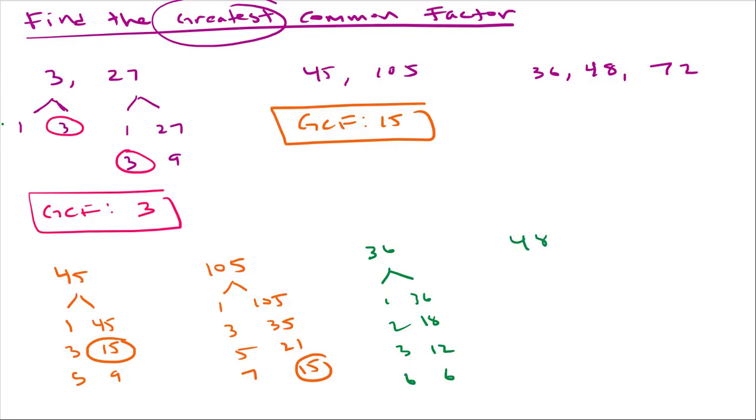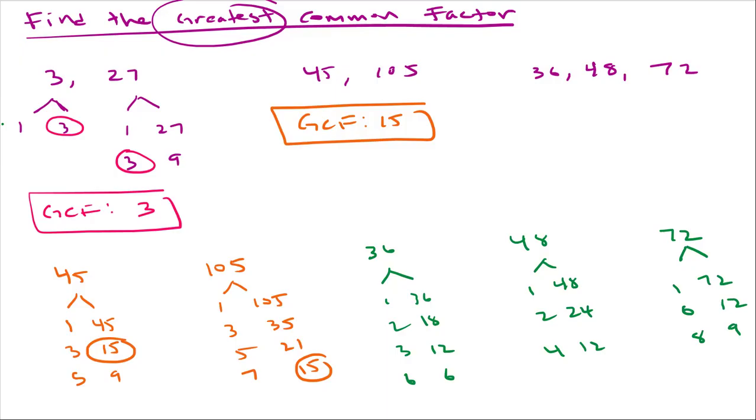The factors of 48 are 1 and 48, 2 and 24, and then 4 and 12. And then the factors of 72 are 1 and 72, 6 and 12, and then 8 and 9.